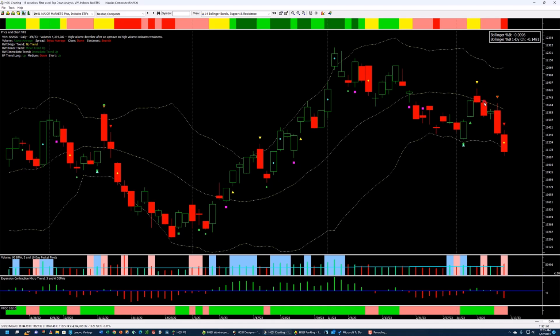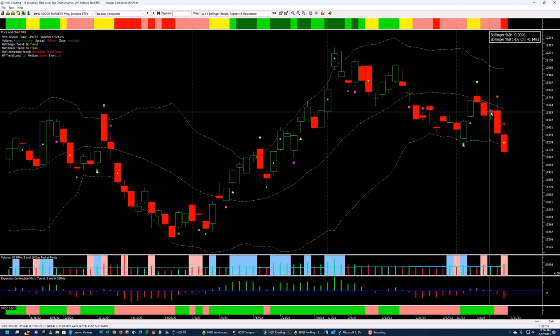And it opened here, traded up to the center Bollinger Band line, and then it failed, and that's another sign of weakness. I'll put a crosshair on here on above average volume. And then we had a day that was mostly an inside day, because it was inside this candle.